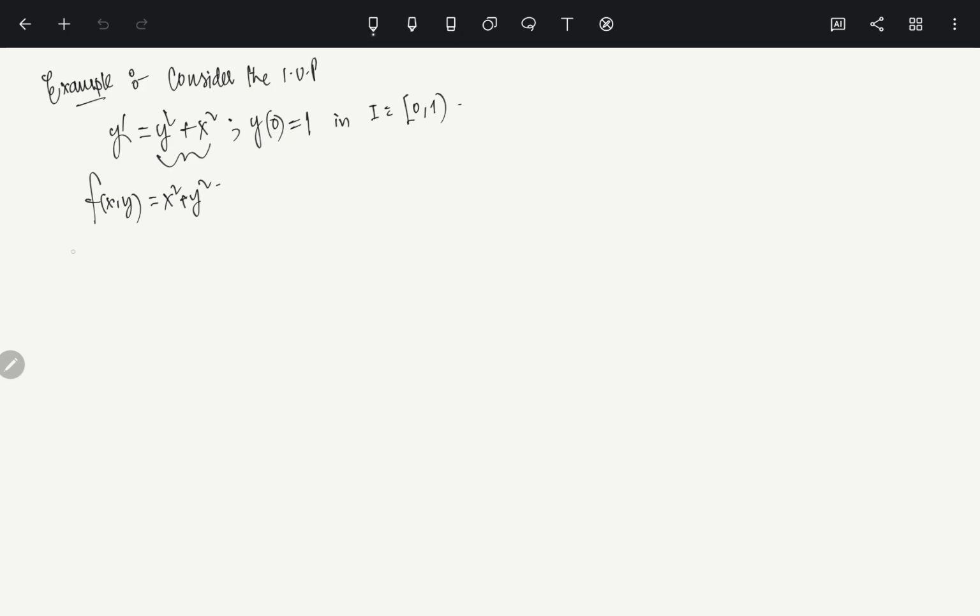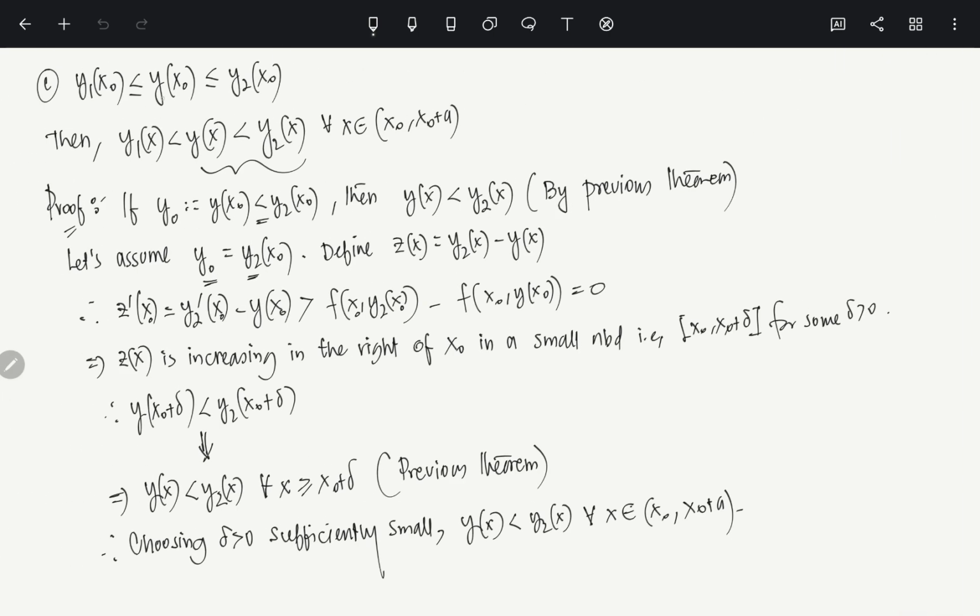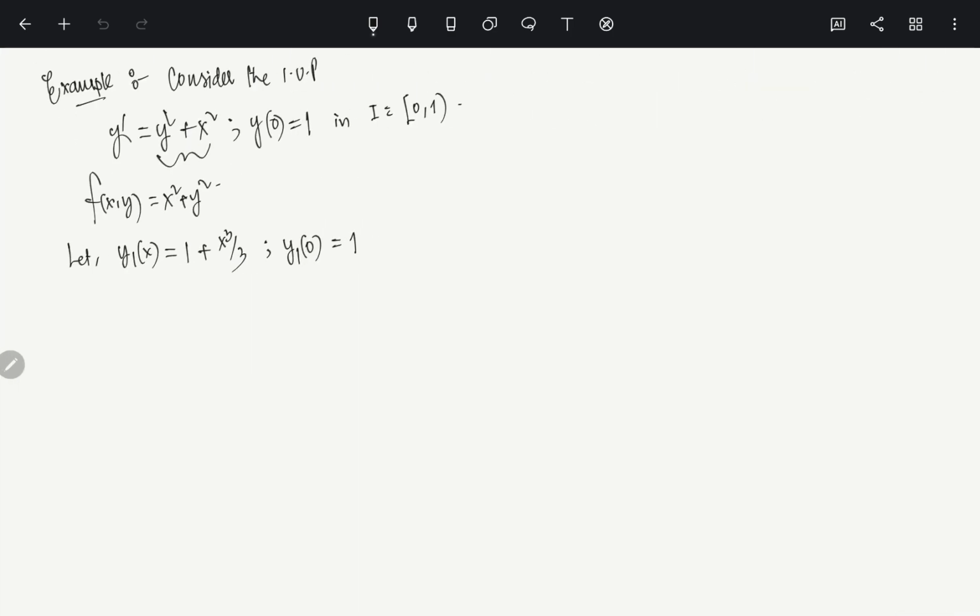Let's assume y1 of x is 1 plus x cube by 3, and y1 at the point 0 is 1. So y at the point 0 and y1 at the point 0 are both equal to 1, and if the equality holds, it works. Now what happens to y1 prime of x?